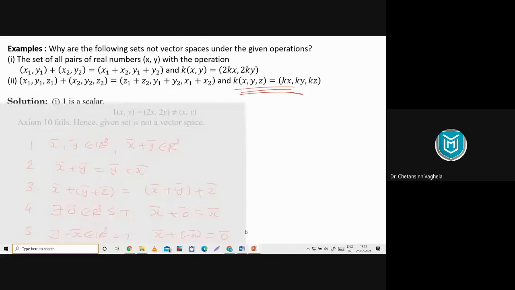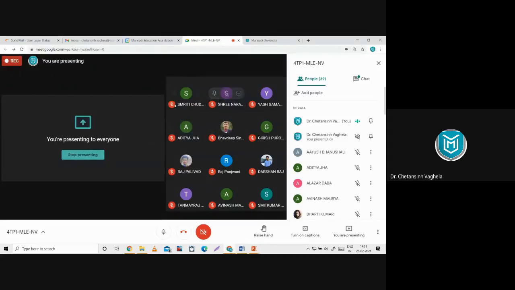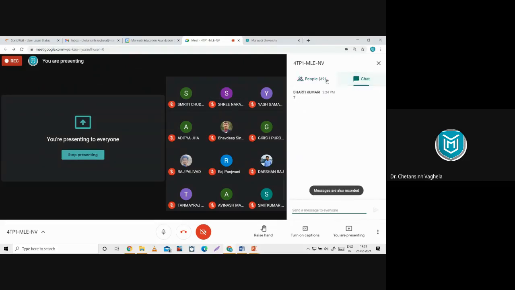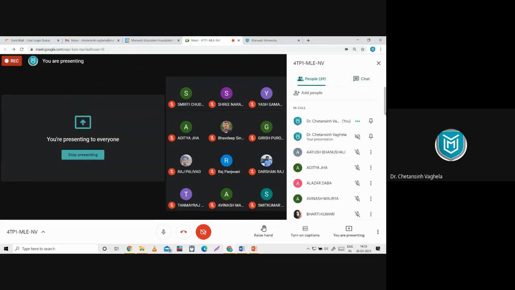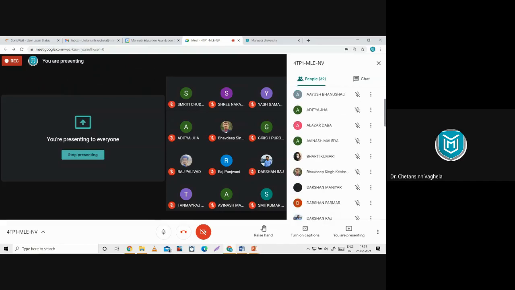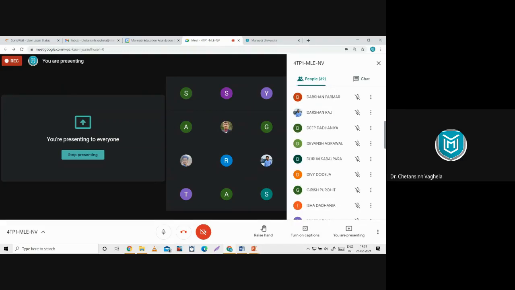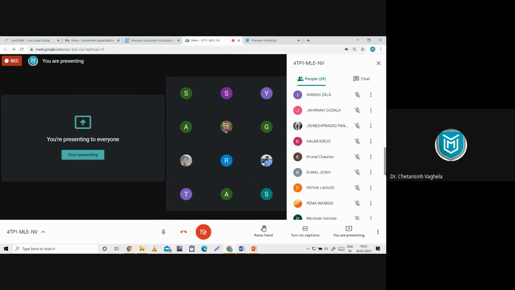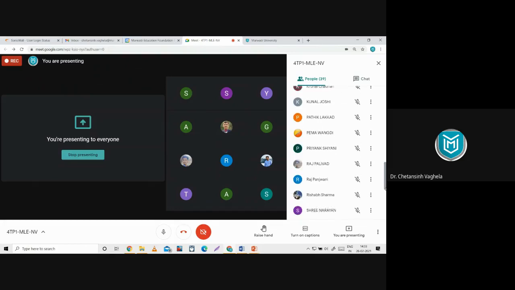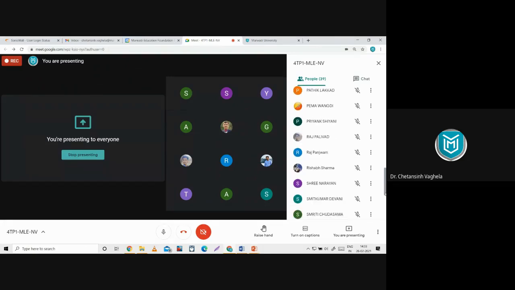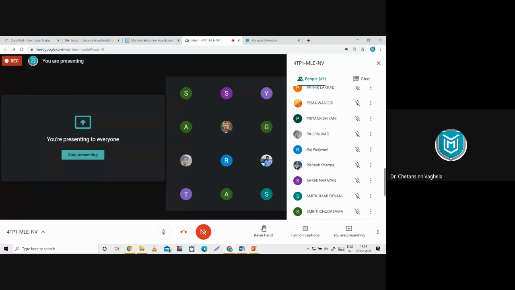Do I have to ask each one personally? Where are the other students apart from Smriti and Raj? Ayush, Aditya, Avinash, Bhavdeep, Darshan, Deep, Divya, Girish, Isha. Many students are present here. Everybody needs to try. We have 2 Raj here. Only 1 Raj is trying.